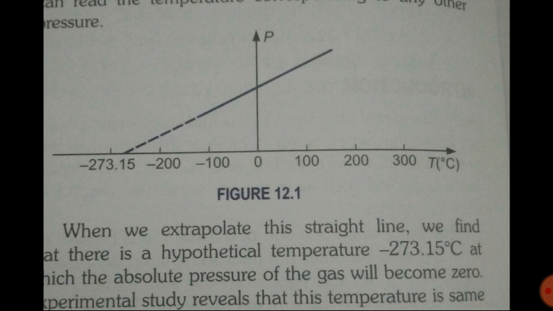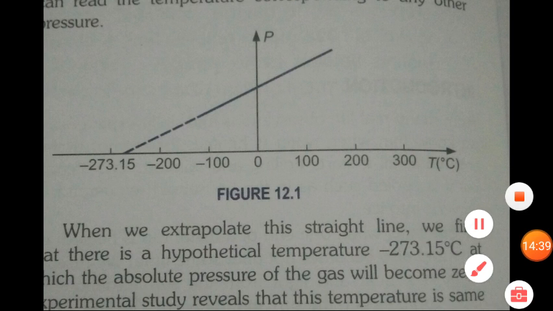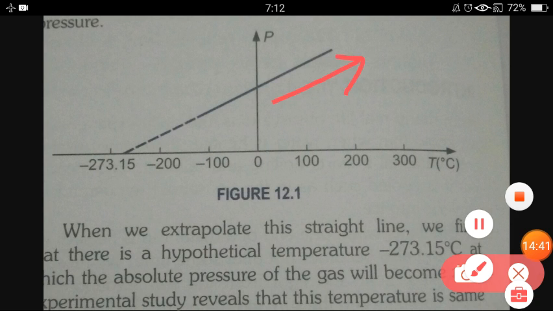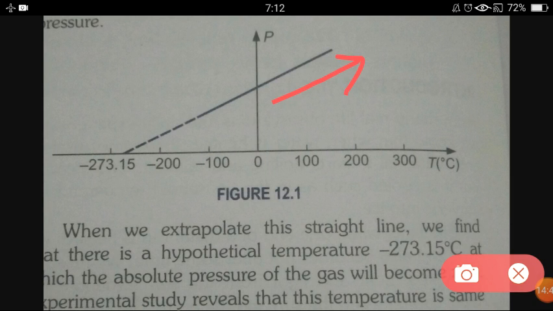Here this part on the right hand side is practically possible: if we are increasing the temperature, the pressure is also increasing. This part is possible. But this part, that when we are decreasing the temperature the pressure should also decrease, is ideal.